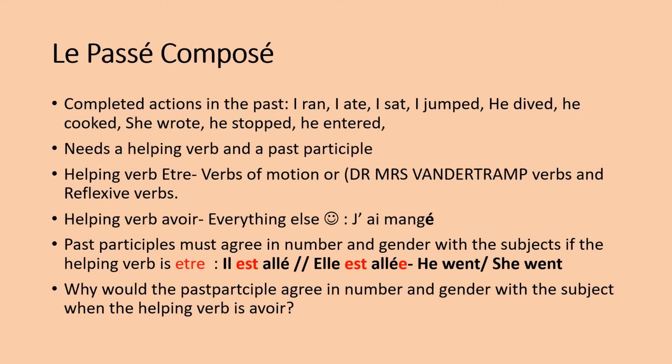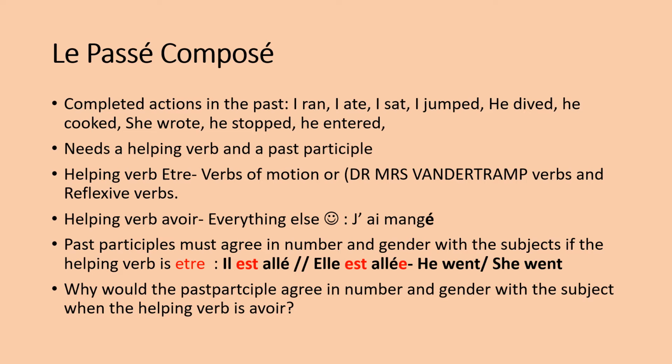For the passé composé, you need to have the helping verb and a past participle. I will link videos in the description to help you remember these, but you also need to go back to your notes and revise what you have been taught.